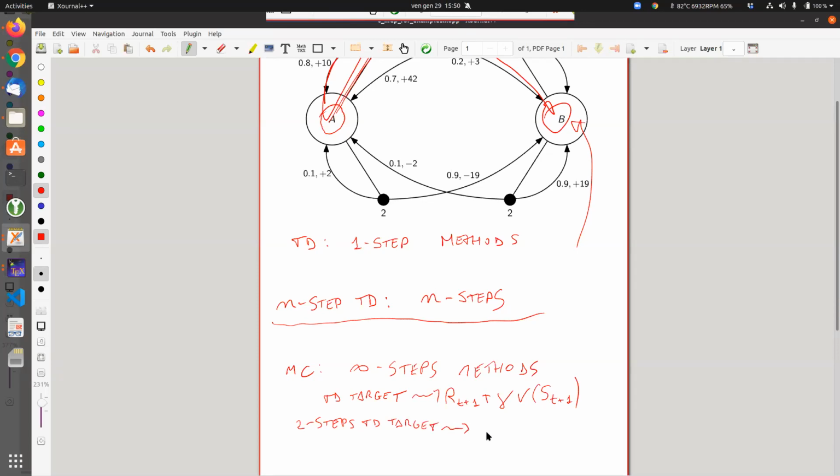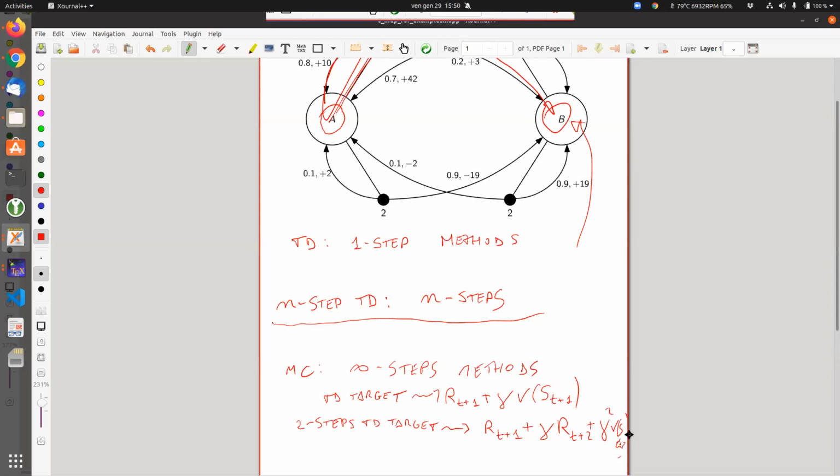The first reward, the second, plus gamma R equals 2, etc. Plus gamma square, the value of the S_{t+2}.